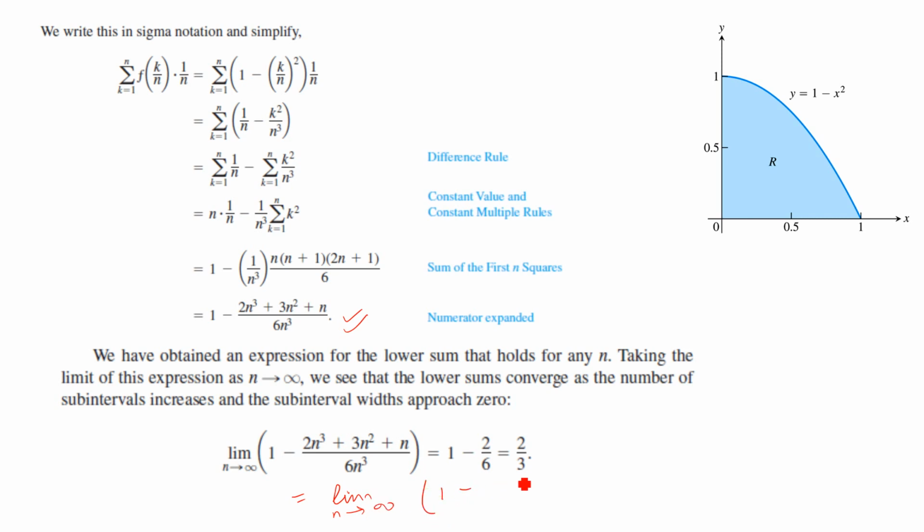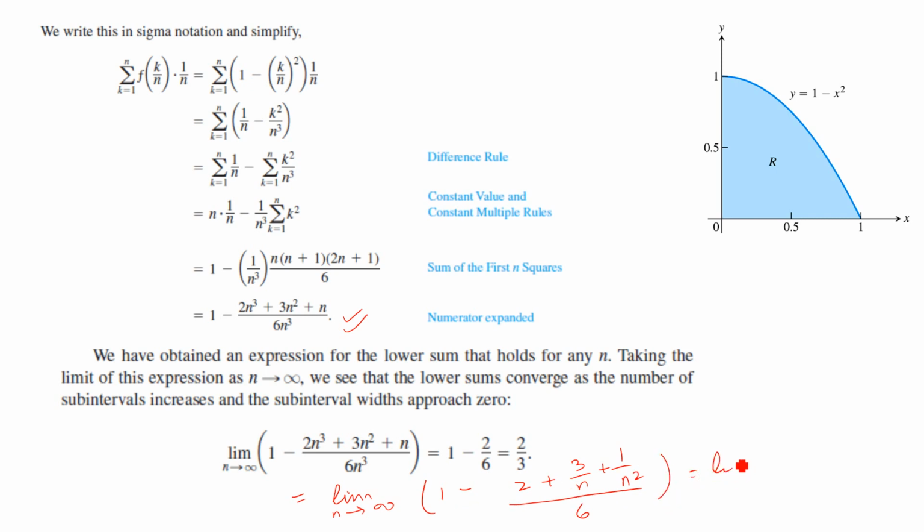So 1 as it is, 1 minus, now we will divide by n cube, the numerator and denominator both. So we have 2 plus 3 over n plus 1 over n square, and when we divide the denominator by n cube, we will have 6. Okay, and limit as it is.